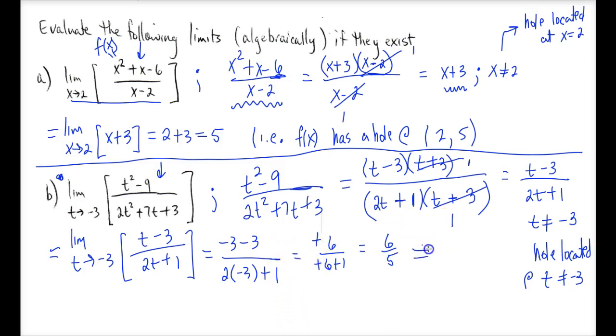So what this implies is that the hole is at (negative 3, 6/5). The answer to the question is this, but the interpretation of it is that this particular rational function has a hole at the point (negative 3, 6/5) on its graph.